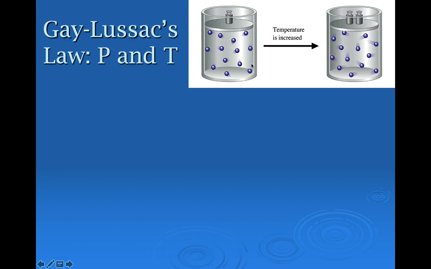So if I increase the temperature, check this out, to keep the volume the same, I have to increase the pressure by putting another weight on top of the container, and that would be the pressure side of this. So temperature increases, pressure increases. We have another direct relationship. If temperature went down, pressure would go down.